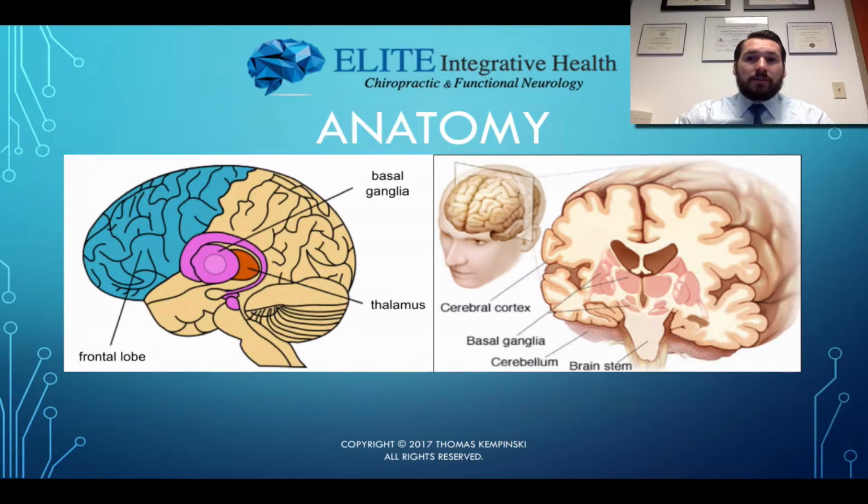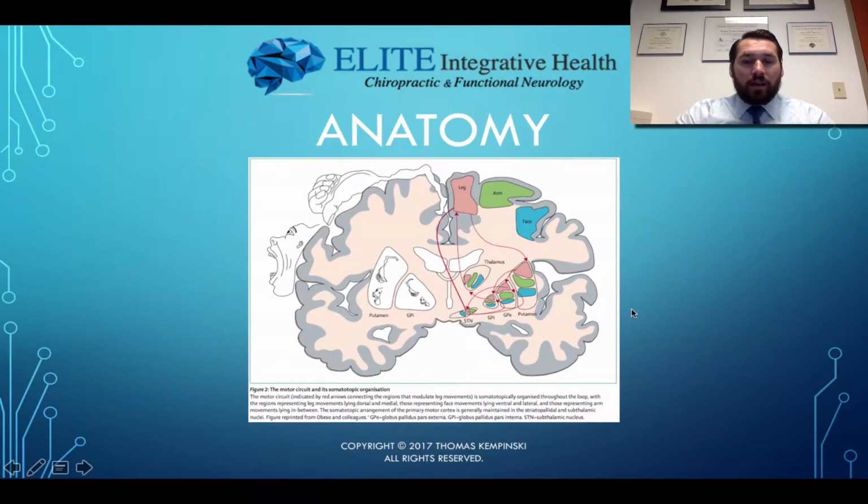And this slice or image is great at showing the basal ganglia. So you can see right there in the middle, the subcortical areas. There are groupings of nuclei. We can see the caudate nucleus, the thalamus. We have the putamen, the globus pallidus, pars externa and interna. We have the subthalamic nucleus, as well as the substantia nigra, which is what we were just referring to.